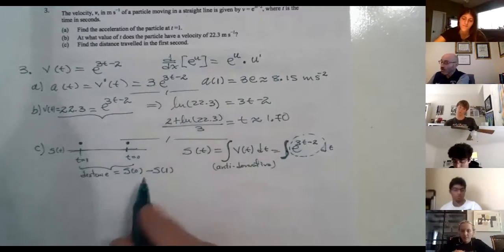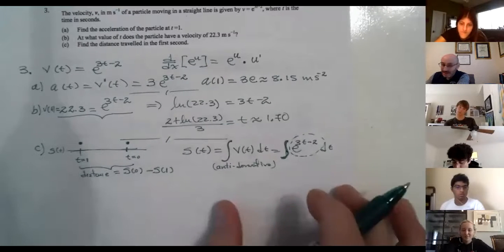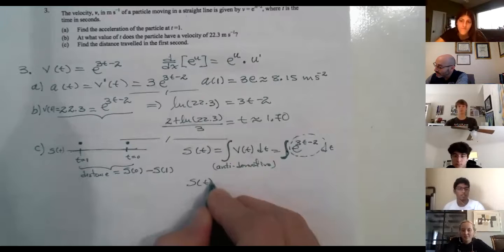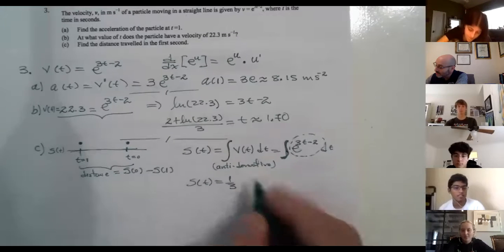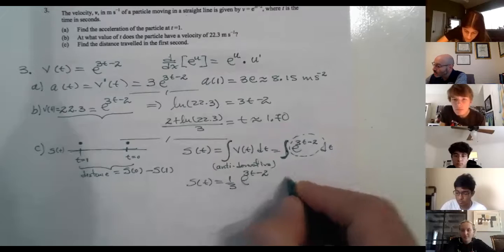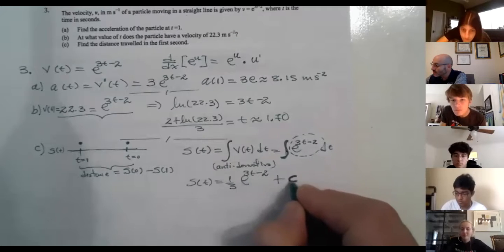Okay? So basically, this is what we just did. S of t is going to be 1/3 e to the 3t minus 2 plus some constant, right?